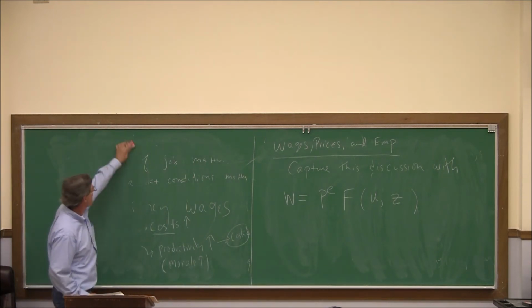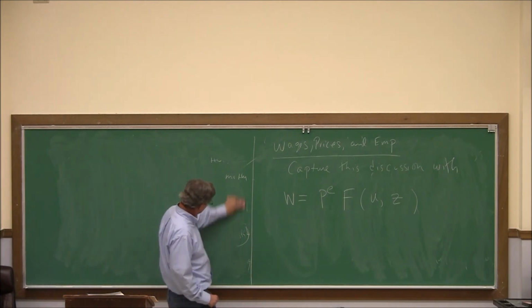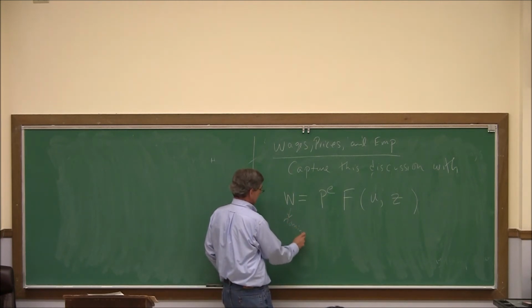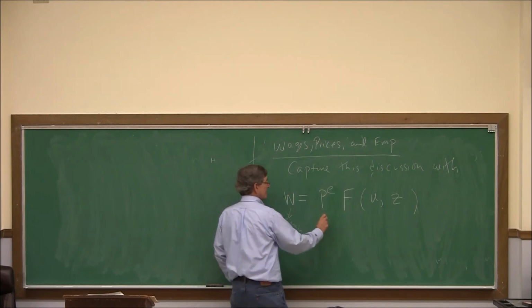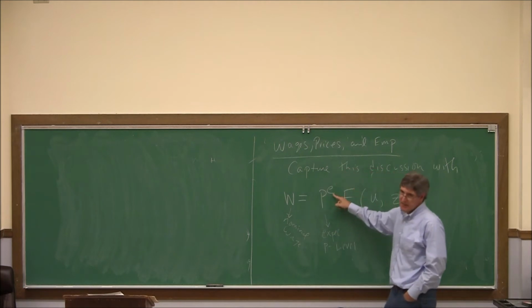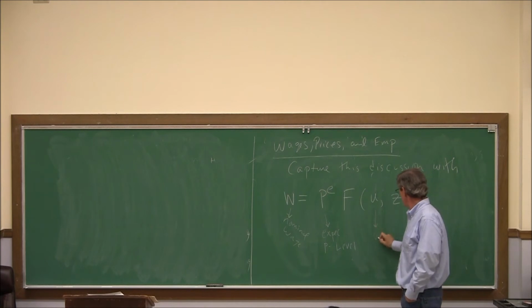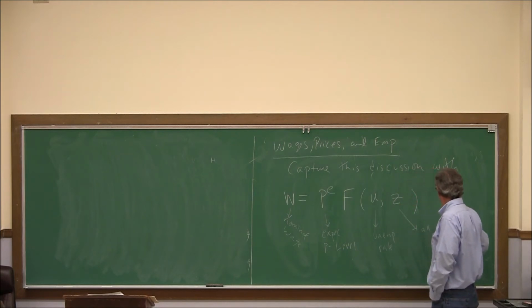So W is the nominal wage. That's just what you get paid each month, each week, whatever it might be. PE is the expected price level. That E just means expected price. U is the unemployment rate. And Z is all other things.